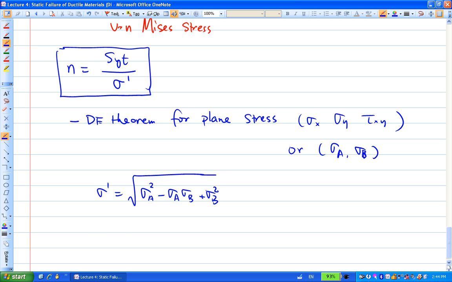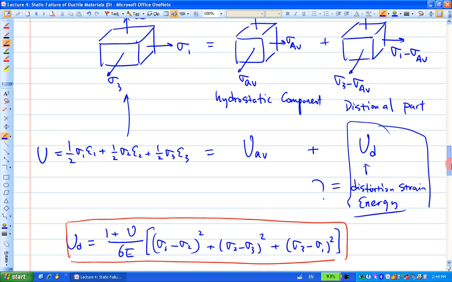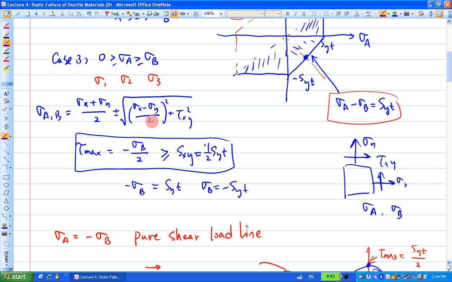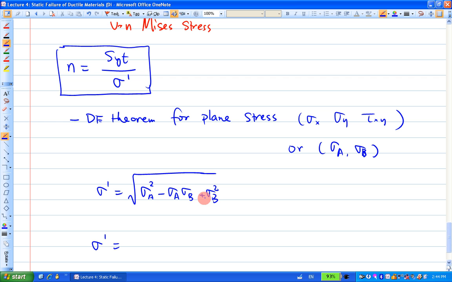Now, if you don't like to use this one, you have a third option, and that option is to express sigma prime using sigma x, sigma y, and tau x,y. How do you do that? Remember what sigma A, sigma B are, which is this, right? If you substitute this over here and do a little simplification, you will get this one.